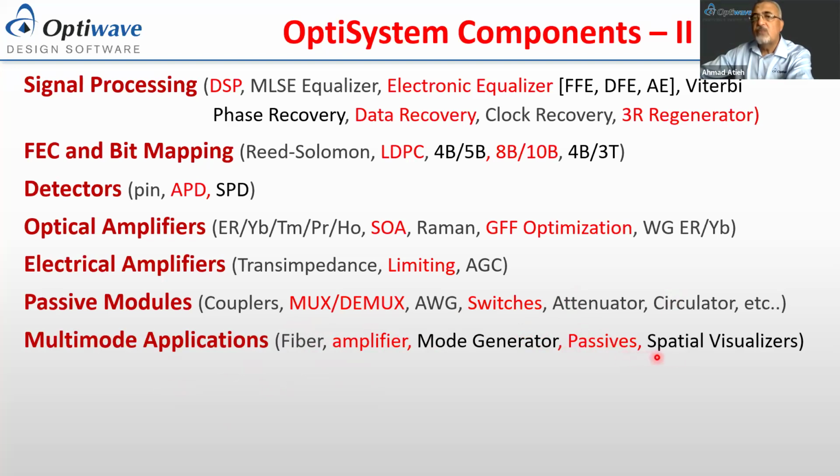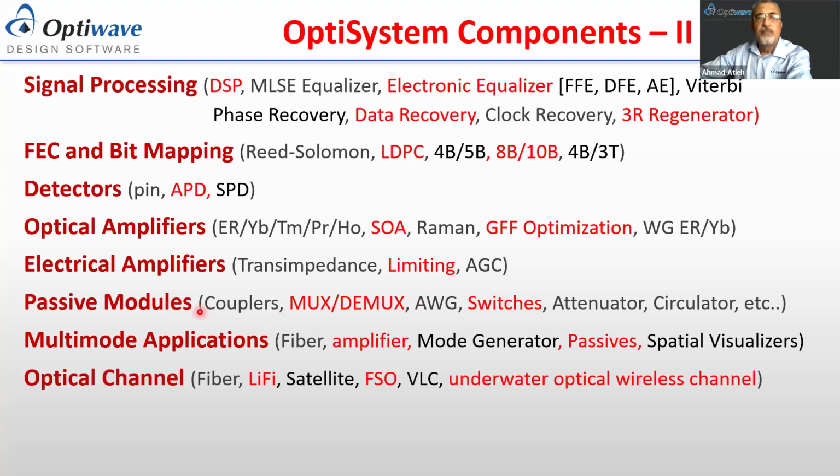We have passive multi-mode components, spatial visualizers, with which you can monitor your beams and modes. In terms of channels, which you can transmit your data on, we have the fiber, we have models for Li-Fi, we have models for satellite channels, free space optic channel, visible light communication channels, underwater optical wireless channels.